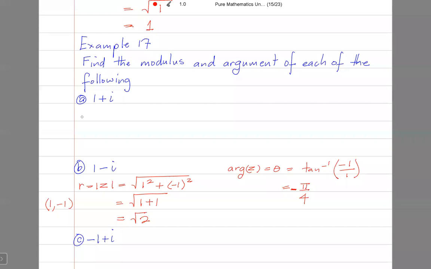So here, r, which is the modulus of z, is the square root of 1 squared plus 1 squared, which is the square root of 2. 1, 1 is in the first quadrant, so the argument of z, theta, is equal to tan inverse of 1 over 1, which is 45 or pi by 4.